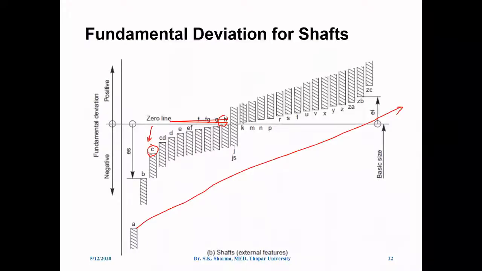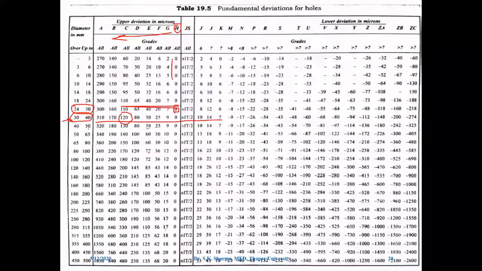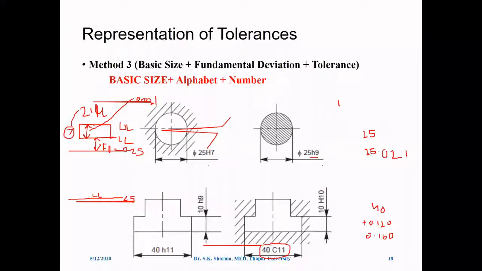And when you put the two components together, when you try to assemble them, you will have some degree of looseness between them, because the basic size was 40, but we have made the hole slightly larger than 40 and the shaft slightly smaller than 40. When we fit the two parts together, they will fit loosely on each other. So they will have a loose fit, right? So that is the meaning of this representation. The first number represents the basic size.